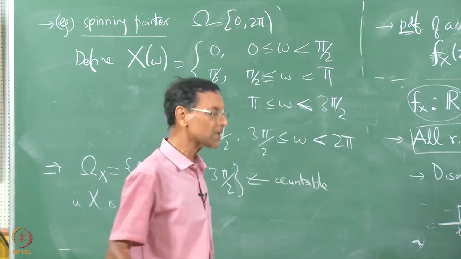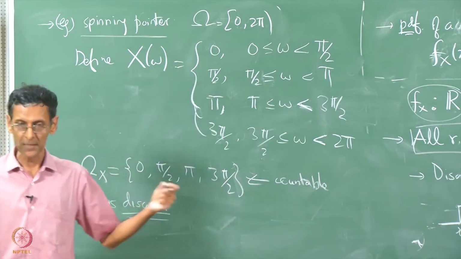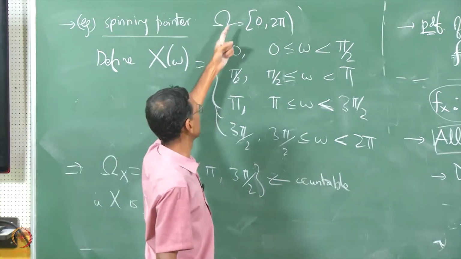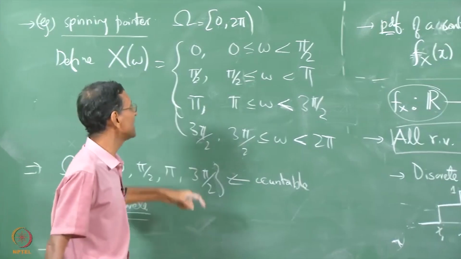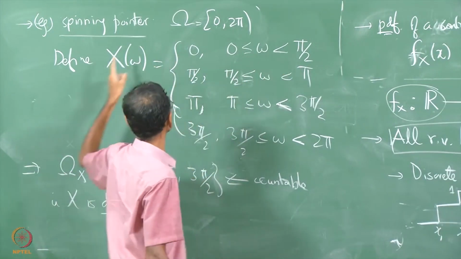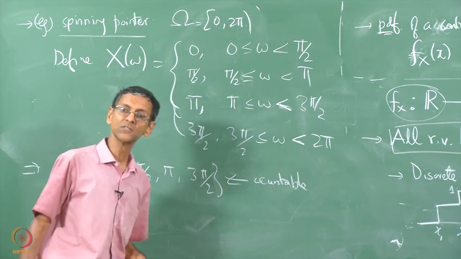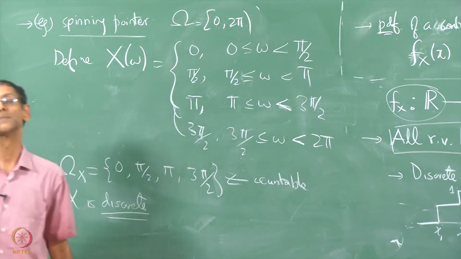So you need not necessarily define only continuous random variables on uncountable omega, or when omega is a portion of the real line. You could define something like this, and then based on the probability measure you want to give to these intervals, that will induce the probability mass function, and induce the individual probabilities of these points.